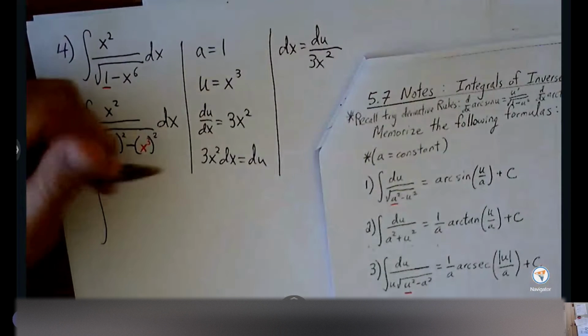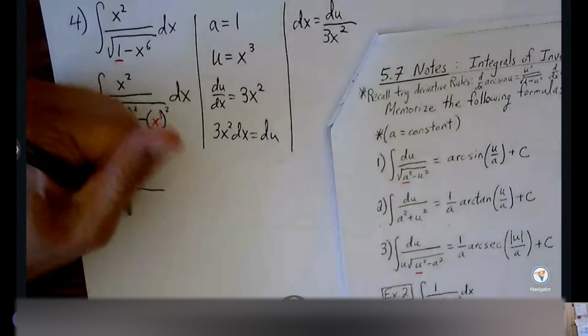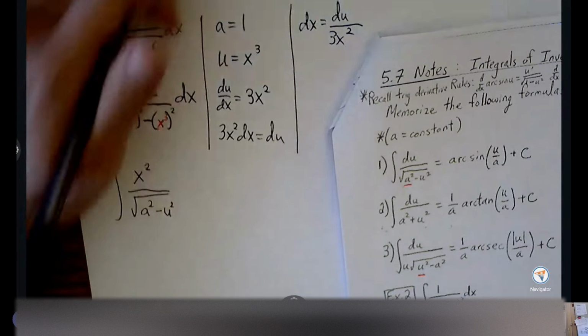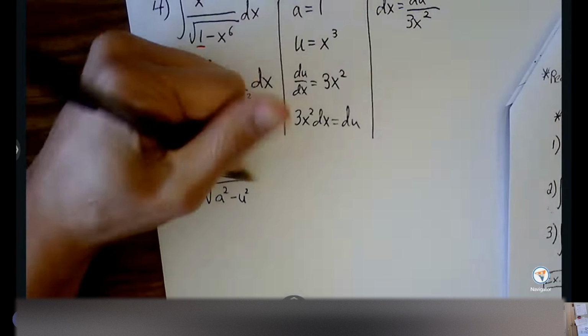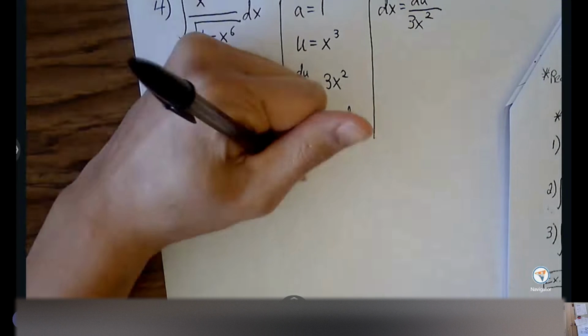Okay. So x squared stays initially. Denominator becomes square root of a squared minus u squared. Dx gets replaced with du over 3x squared. Okay.